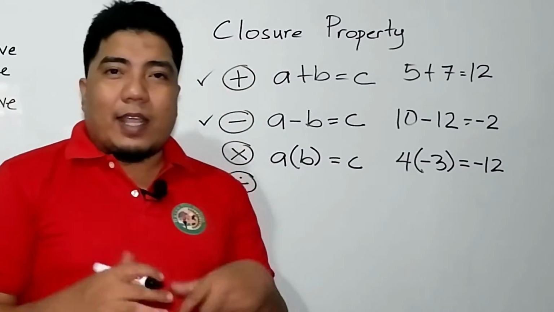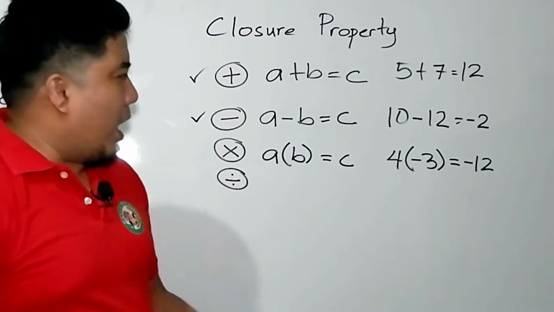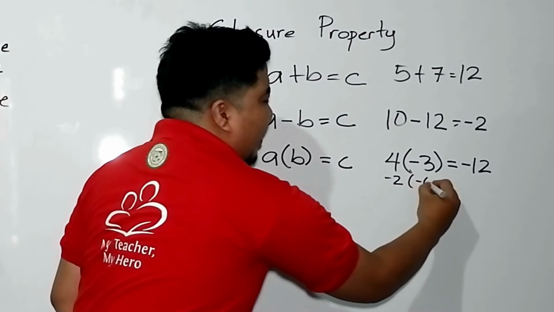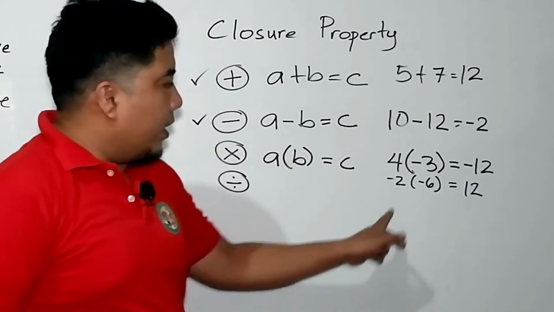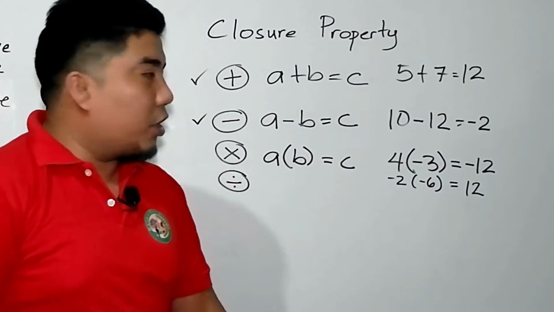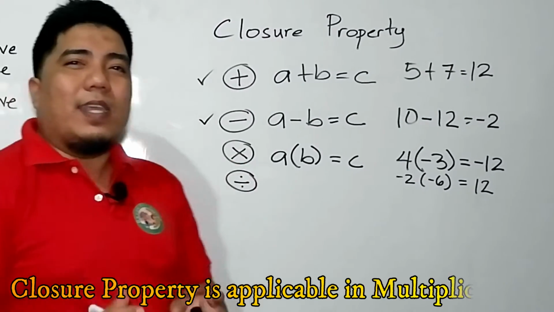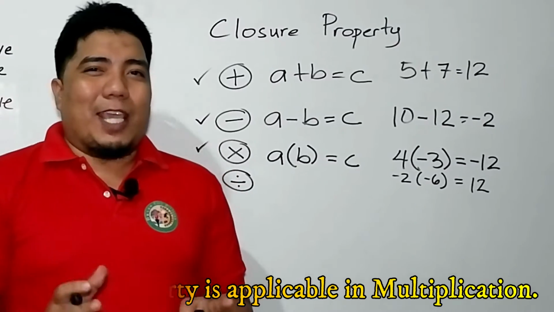The result is negative 12. Therefore, this is still correct. Now, whether we use negative 2 times negative 6, the answer is positive 12. And negative 2 and negative 6 are integers, then the result is also an integer. So, therefore, we can say that closure property is also applied in multiplication.